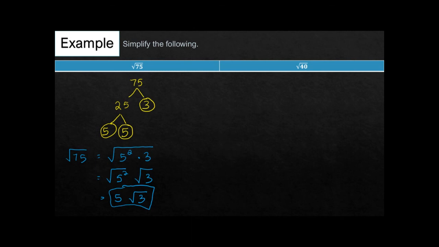So that's simplified. So I'm going to do the same thing for the square root of 40 that I have here on the right. So I'm going to make a factor tree. So 40 is 4 times 10. And I can break each of those down. So 4 is 2 times 2.